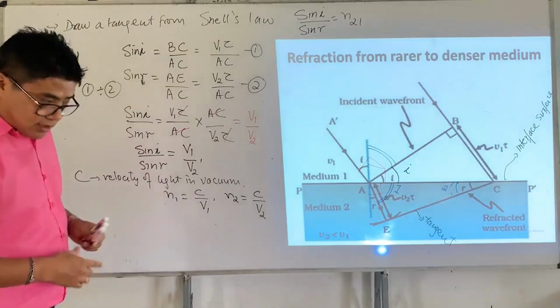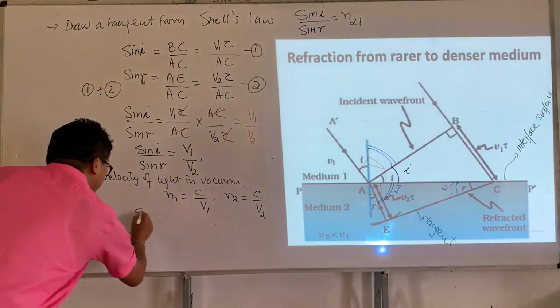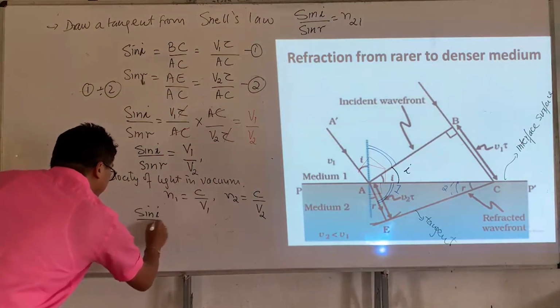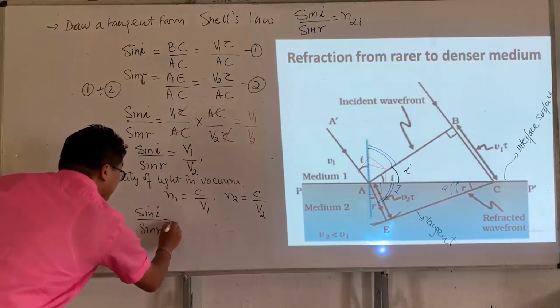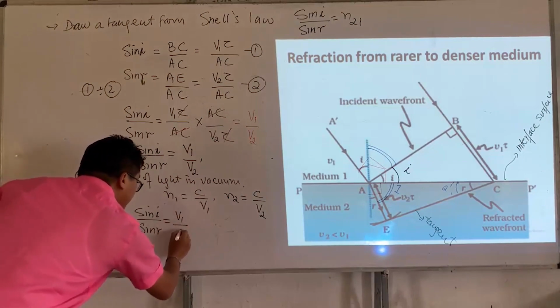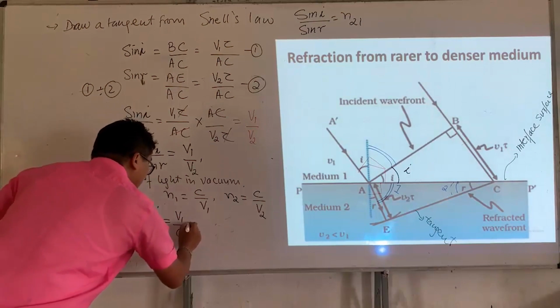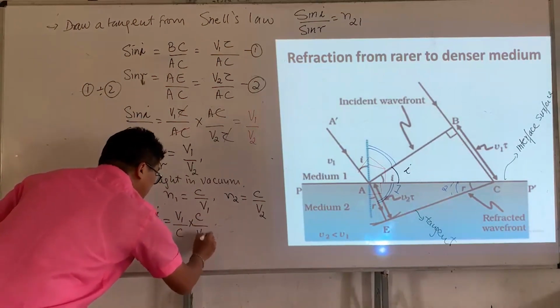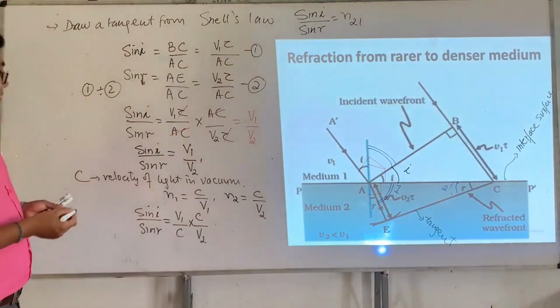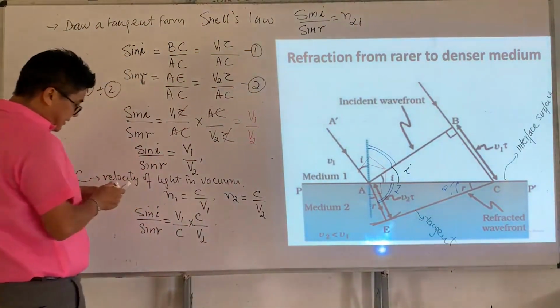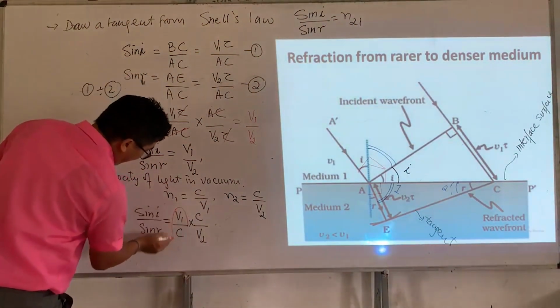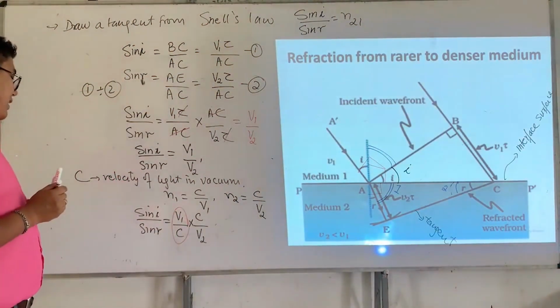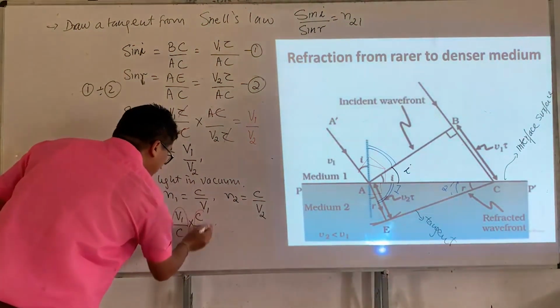So once we obtain this, V1 divided by C divided by C divided by V2. So what is V1 divided by C, and what is C divided by V2?